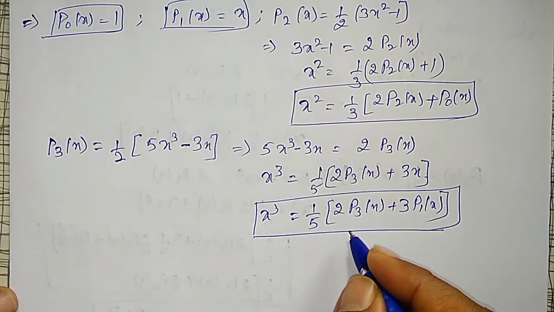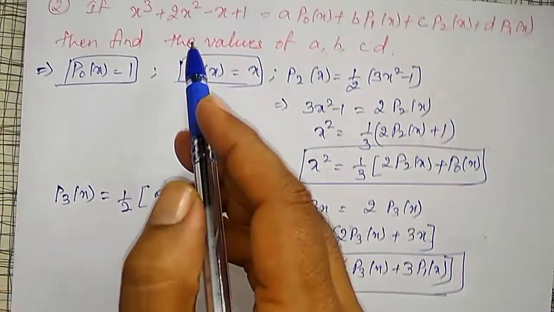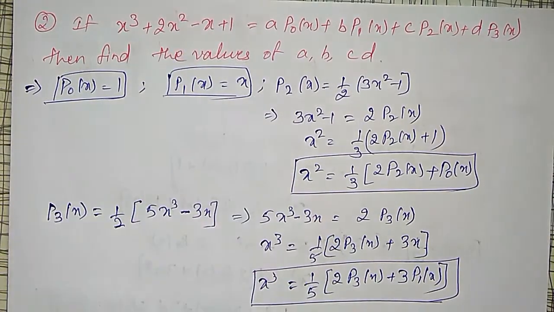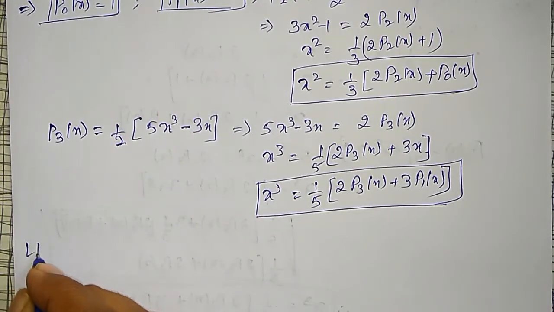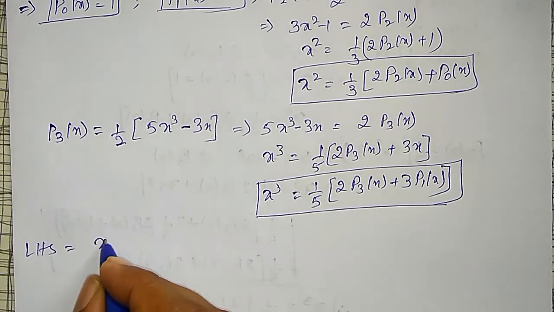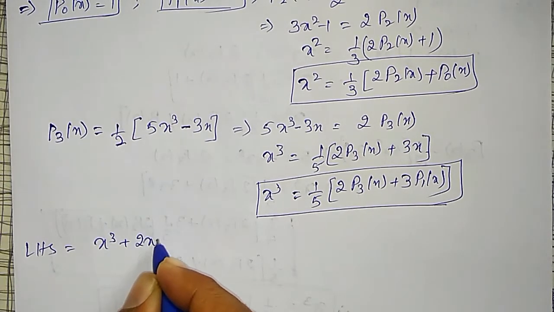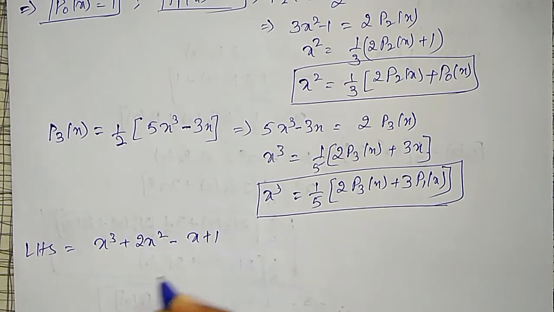All these things, x cube, x square, x, I will substitute in the LHS. Therefore, LHS is equal to x cube plus 2x square minus x plus 1.